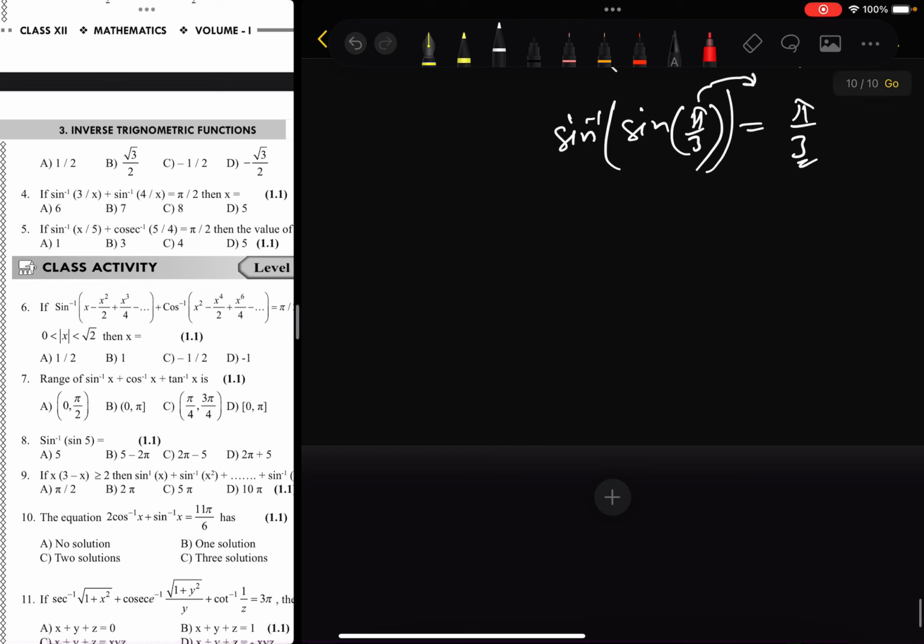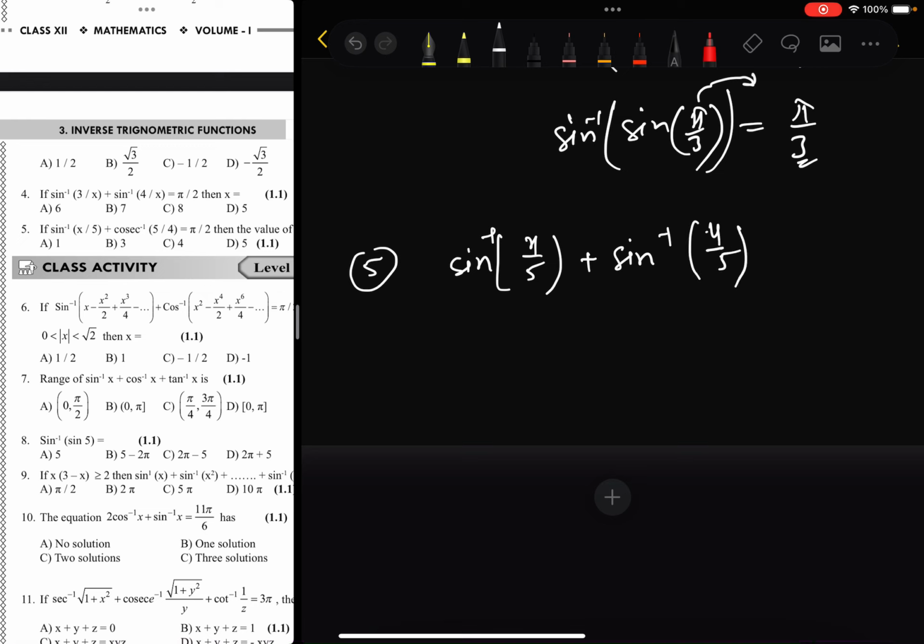Yes, question number 5 also. Here you can just write this as sine inverse x by 5 plus sine inverse 4 by 5 equals pi by 2. The cos inverse x is given here.